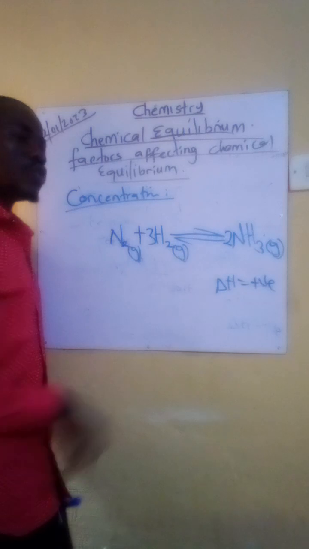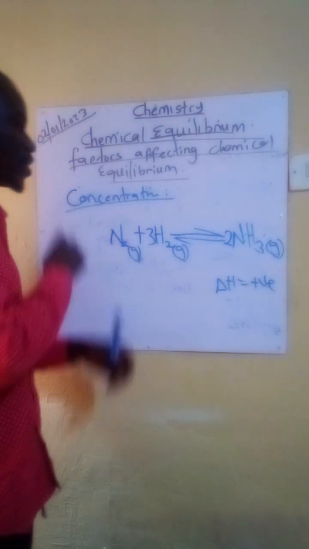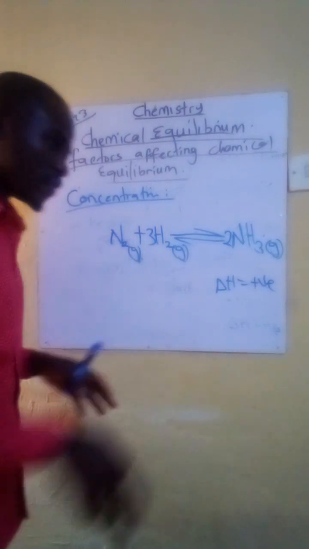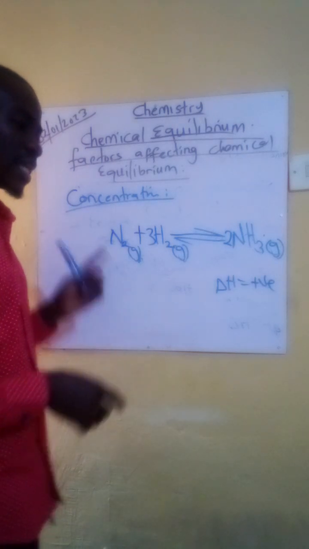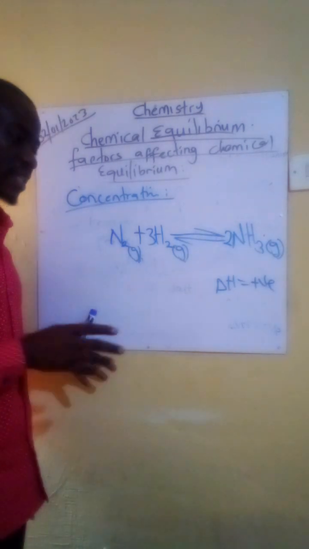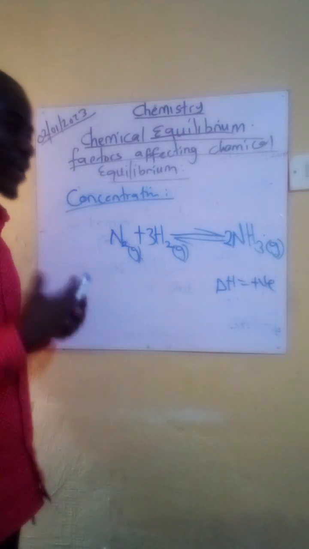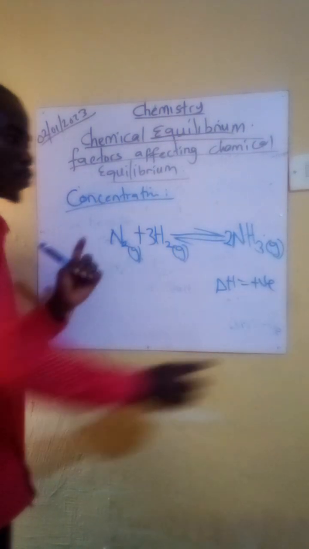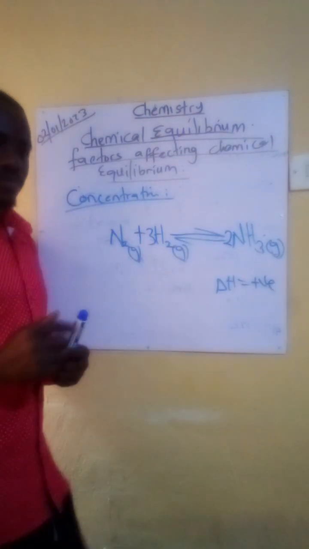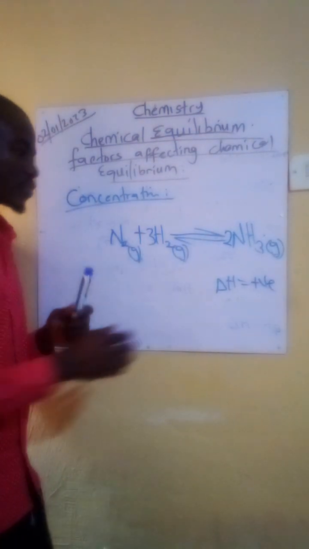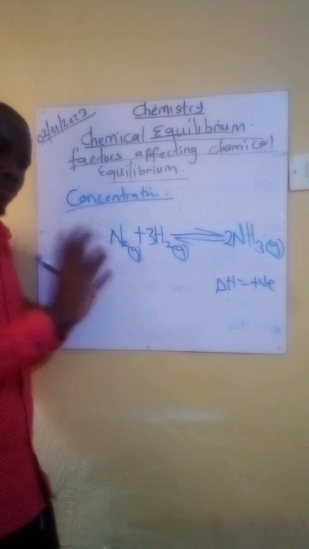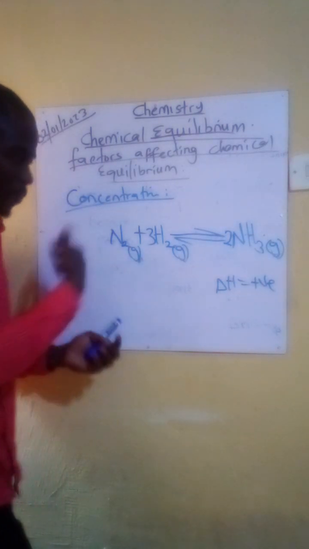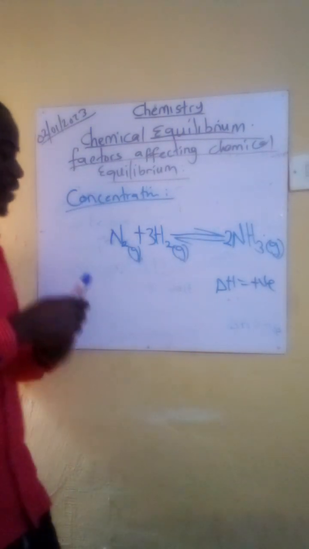Increasing all of them at the same time, decreasing all of them at the same time, increasing one and decreasing one at the same time or at different times, will always affect the system. But what is the system doing to adjust? How does it do it? According to the Le Chatelier principle, we have explained what the system does. But how it does it is what we want to do now.